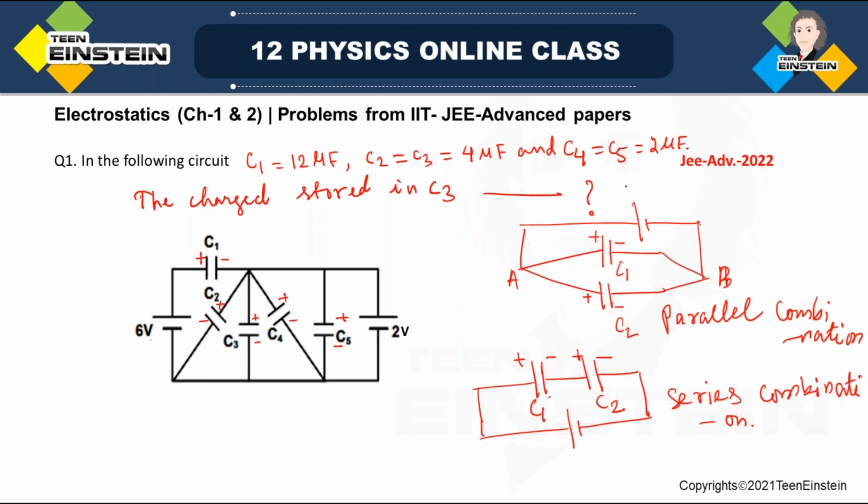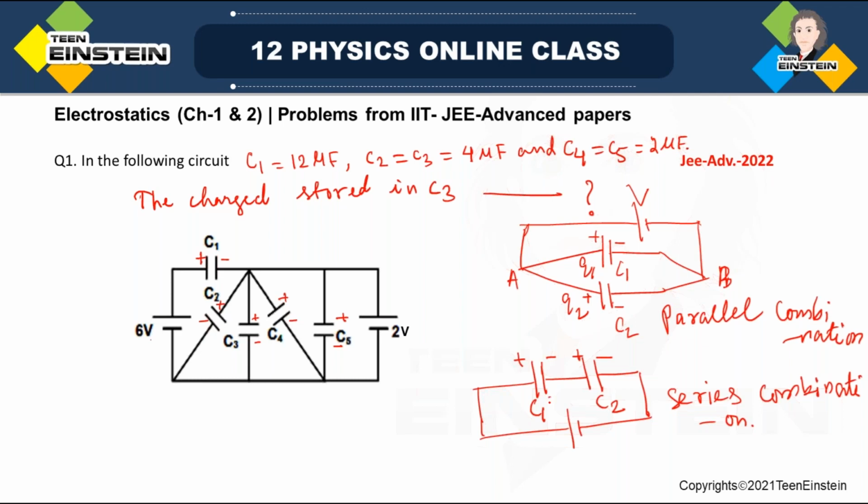But if you think of charge, if they are equal capacitors, then they will hold the same charge. But if they have different capacitance, then they will store different charges, Q1, Q2, etc.